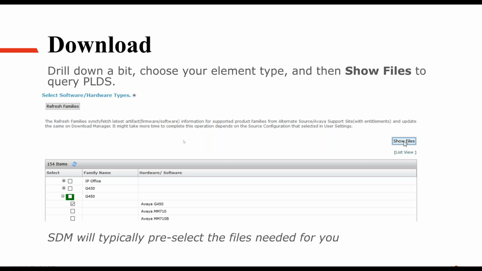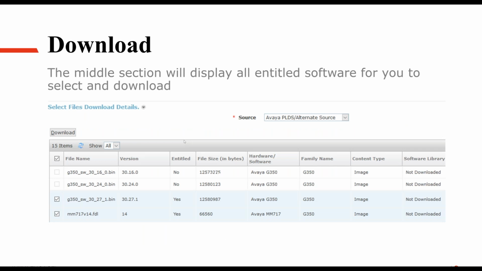And then all that's required is to confirm that that's the software you want. I've changed to a G350 here because I had a better device to actually show this process, if you're paying attention. And there's the media module file that we needed.